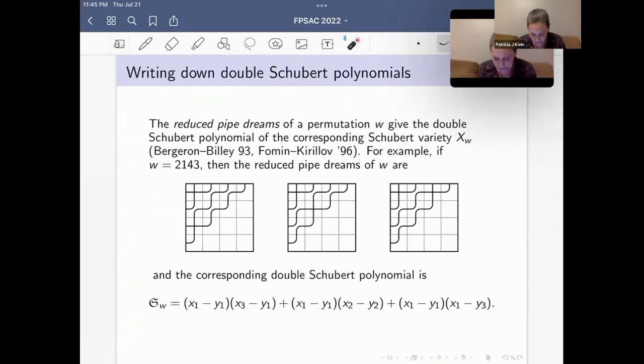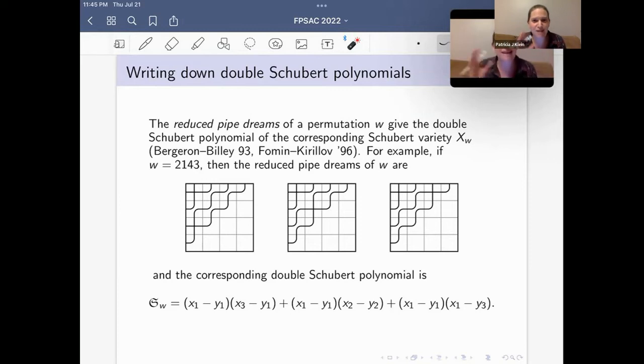Okay, so I've promised you that matrix Schubert varieties should help us write down Schubert polynomials, which we like because the Schubert polynomials record information about the cohomology ring. So pipe dreams were introduced by Bergeron and Billey, and then a few years later studied similarly by Fomin and Kirillov.